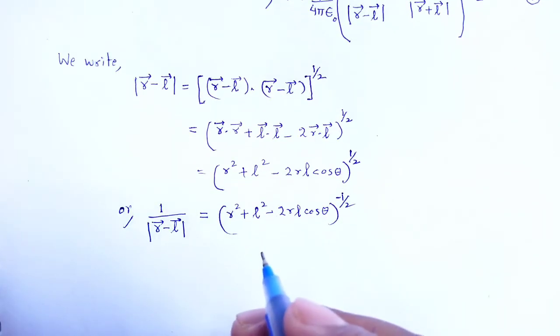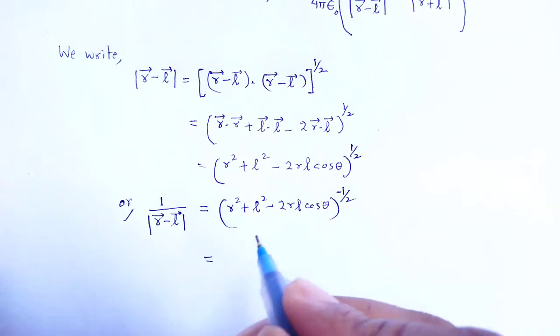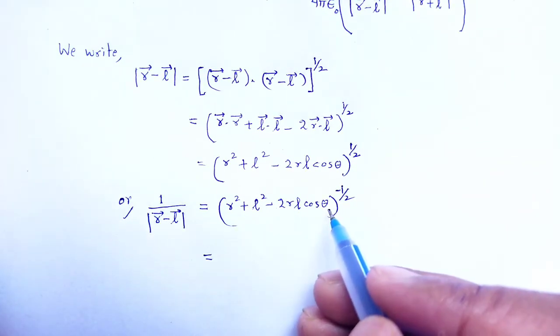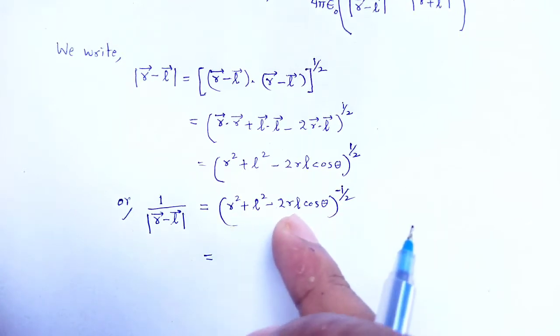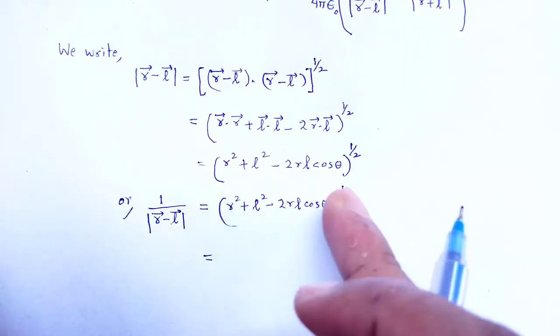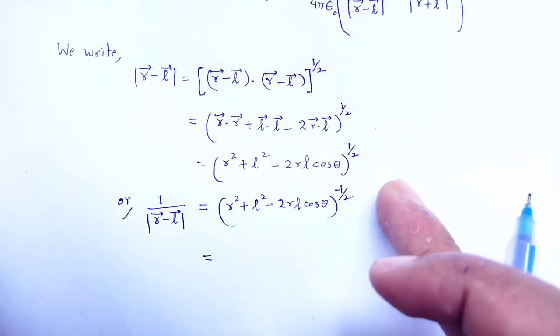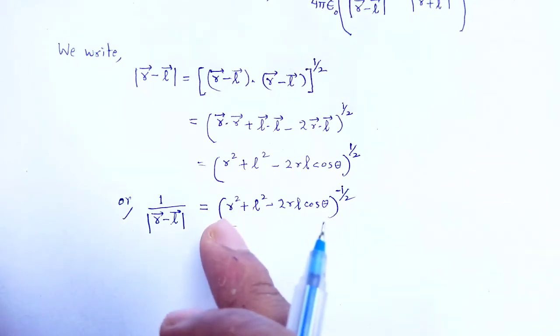Here we take r square as common inside that bracket, then r square to the power minus half is r to the power minus 1, that is 1 by r.